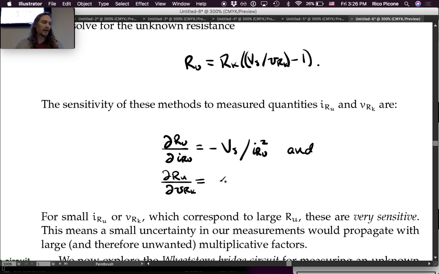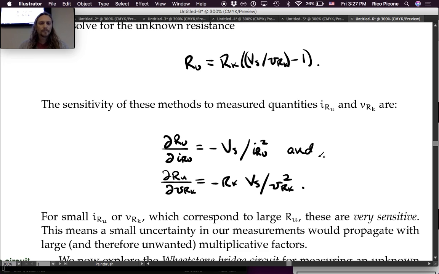If you take that derivative, you get negative RK VS divided by VRK squared. Oh wait, I missed a VS in there. There was a VS before the divided by. RK VS over VRK squared.